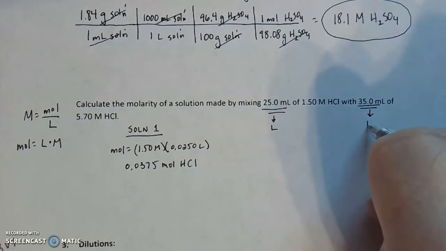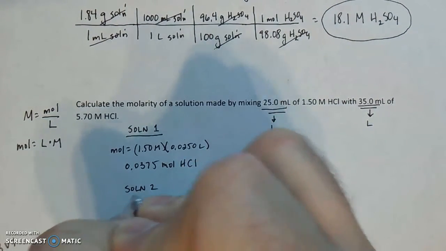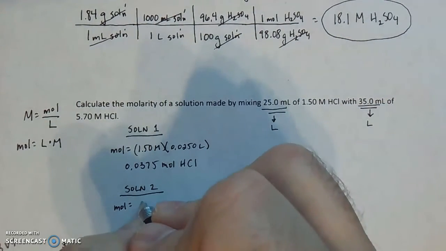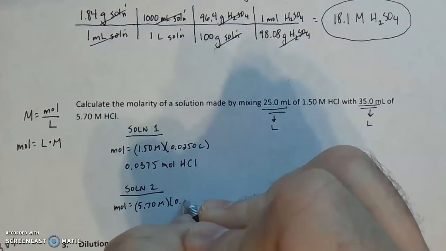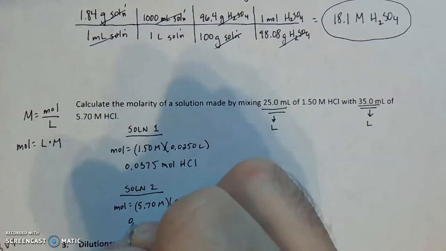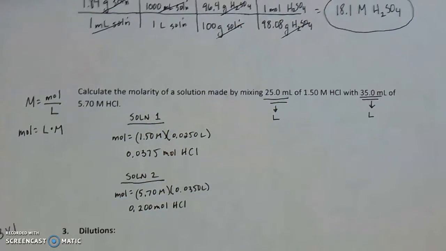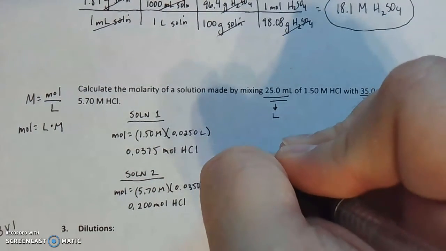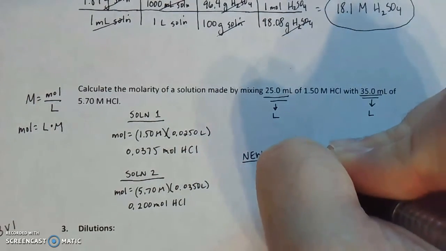Solution number 2, we're given milliliters also, so I have to change that into liters. So I take the molarity times the liters, and I get 0.200 moles of HCl. So now I can calculate our new solution concentration after they're mixed.